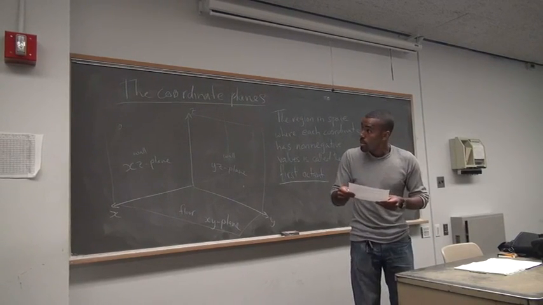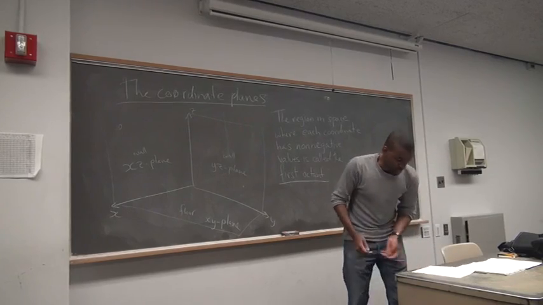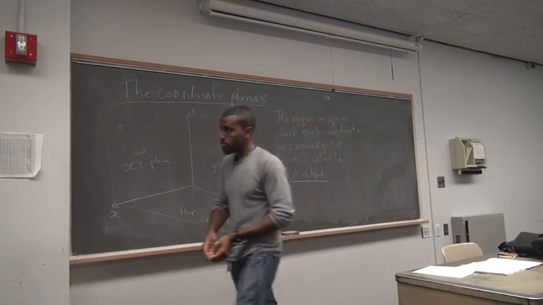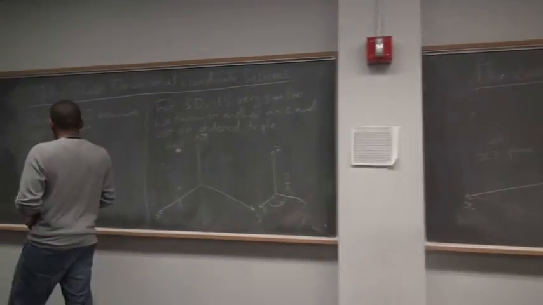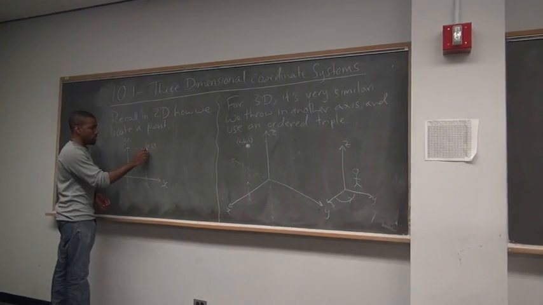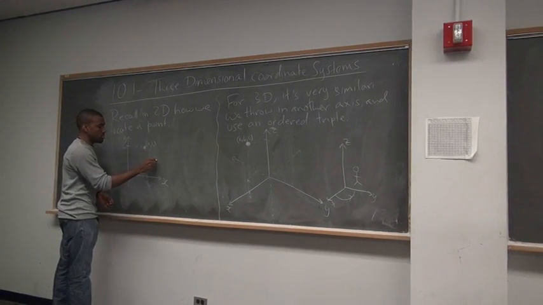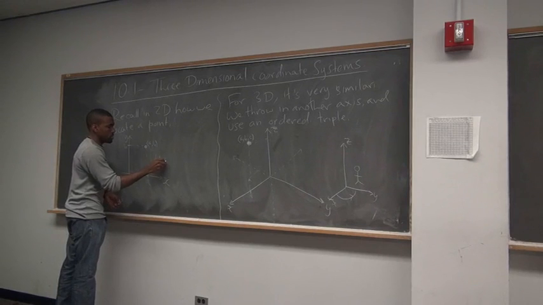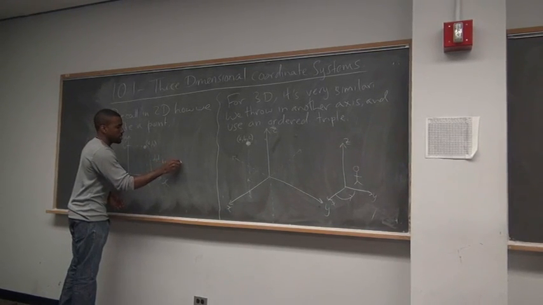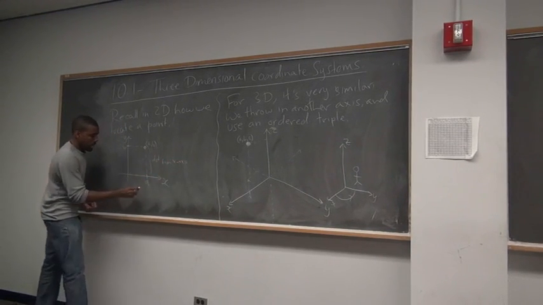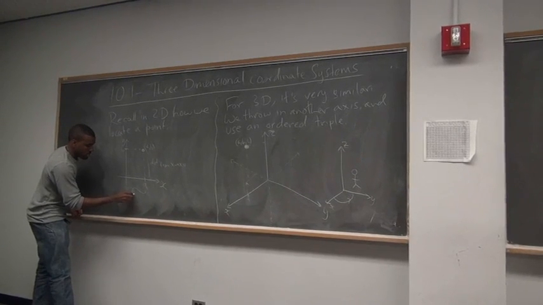Okay. Another thing you need to know about these coordinate systems is just as how you can think of the y-coordinate as the distance from the x-axis, the x you can think of as the distance from the y-axis.